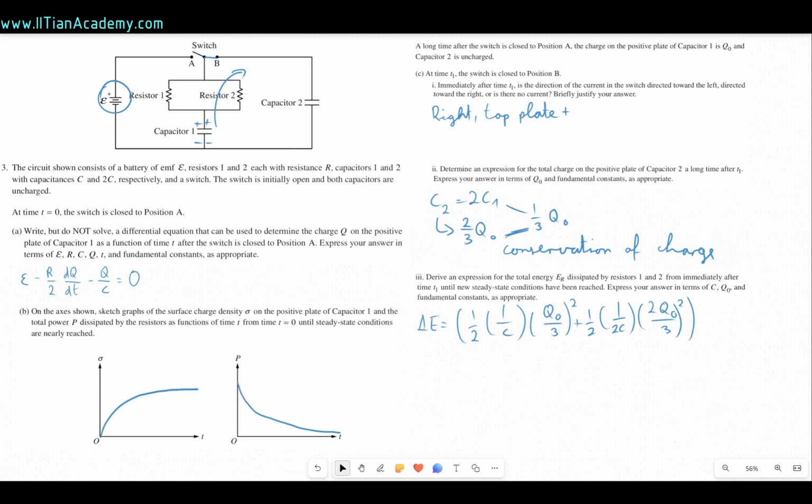So this is the final, and from this we need to subtract the initial amount of energy stored, which is simply 1/2 Q0 squared over C, as in this case only our first capacitor is storing any energy.